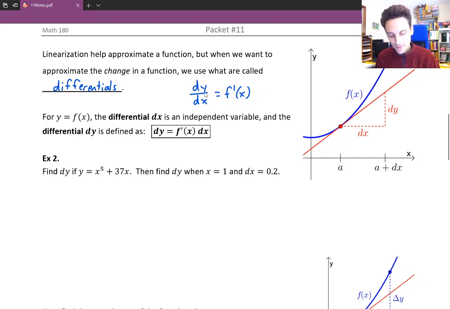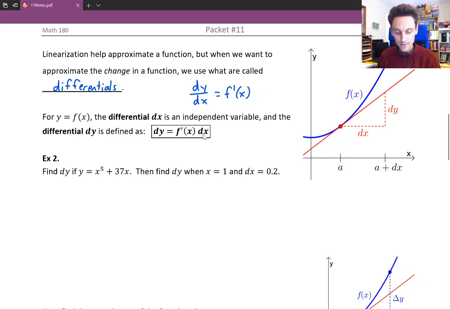If we're treating dy and dx as two different variables, what we could do is multiply the dx over to the right to be with the f prime of x, and we would get dy is equal to f prime of x dx. When we have it set up like this, if we change the values of dx, then those will affect changes in the values of dy, right?